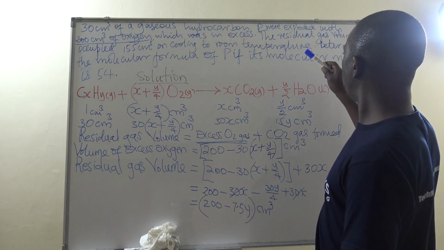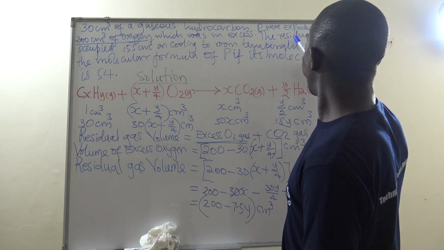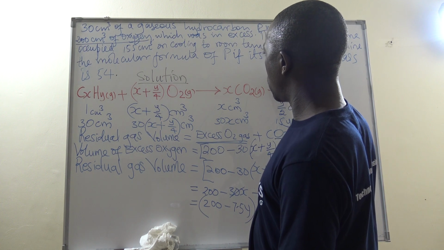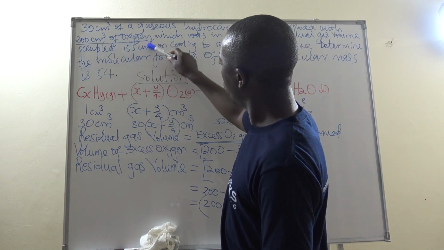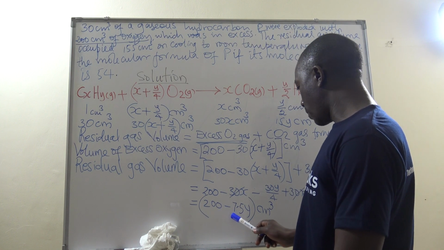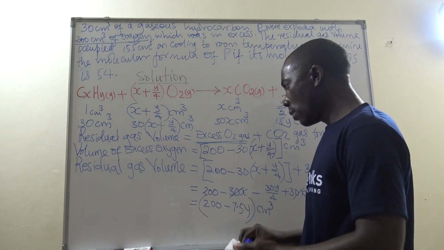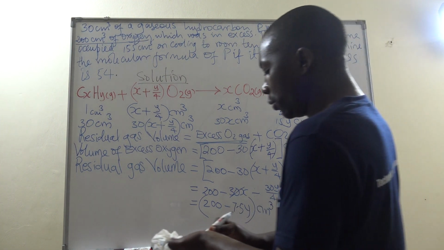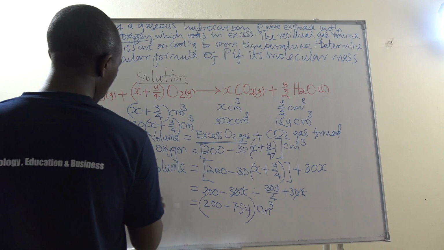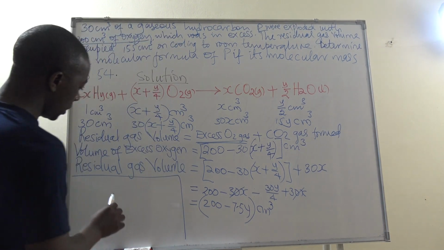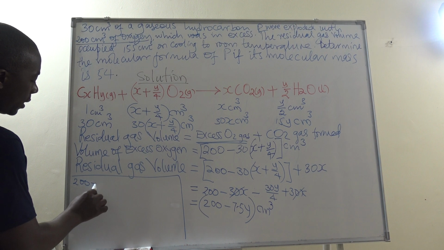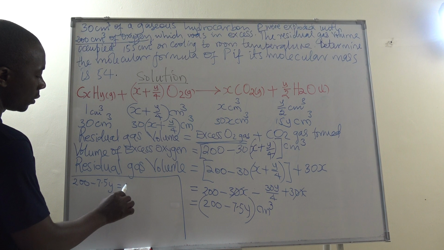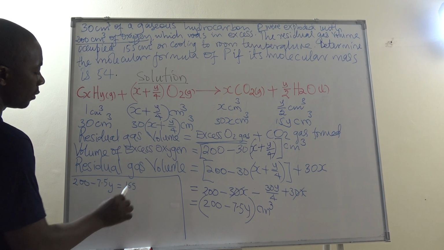Now, I want us to go back to the question and realize that we said the residual gas volume occupied 155 cubic centimeters on cooling to room temperature. So that means the 155 corresponds to 200 minus 7.5y. Therefore, we now have the right to look at the relationship between the two. I can say these two are the same. That 200 minus 7.5y is supposed to equal 155.